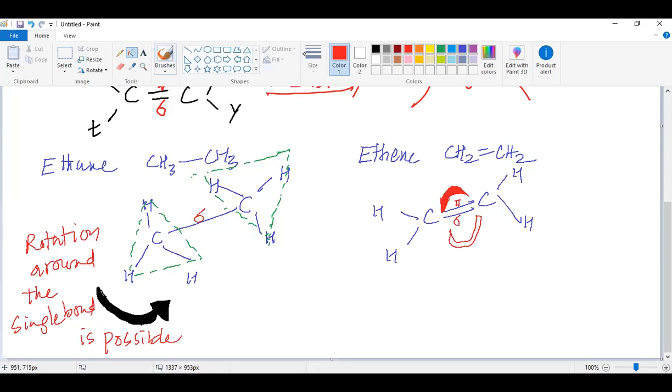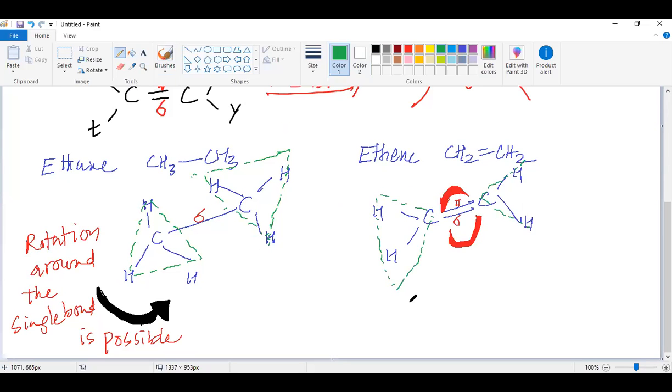If we try to rotate this, here also there is a plane. My dear students, I'll explain the plane to you. In this plane, all these atoms are available.